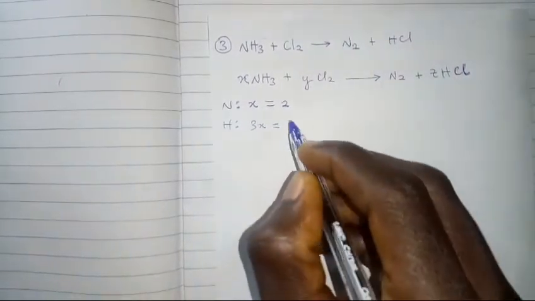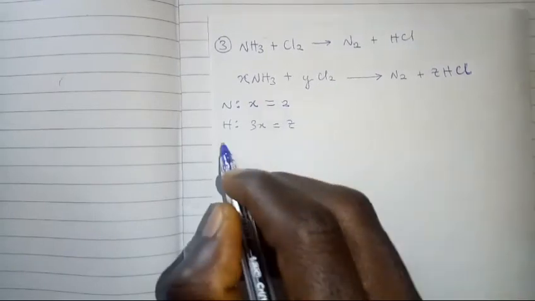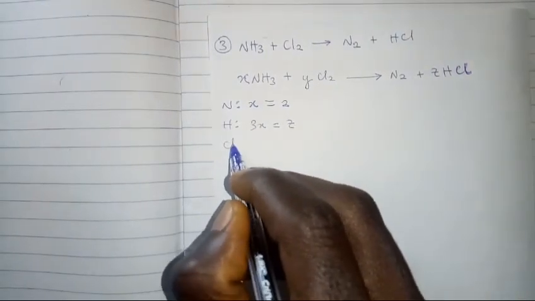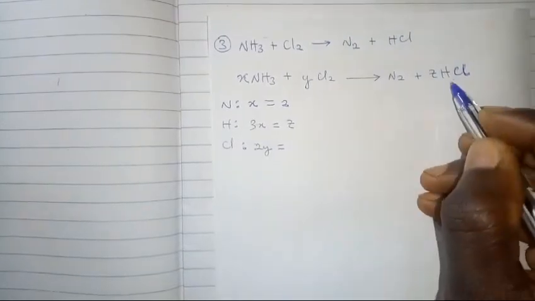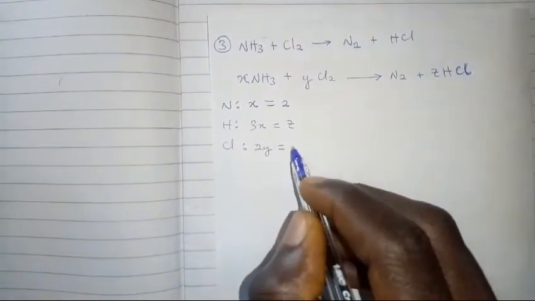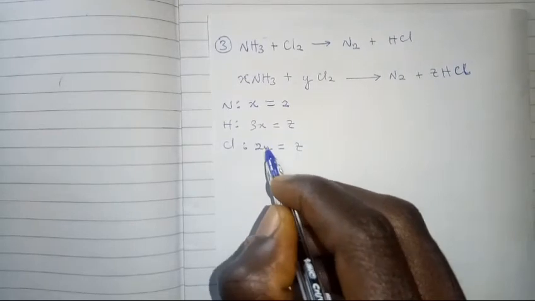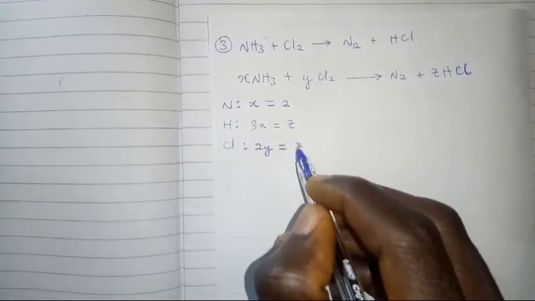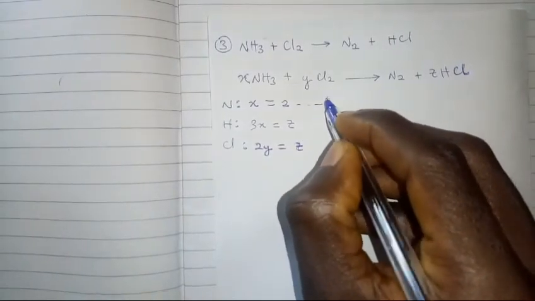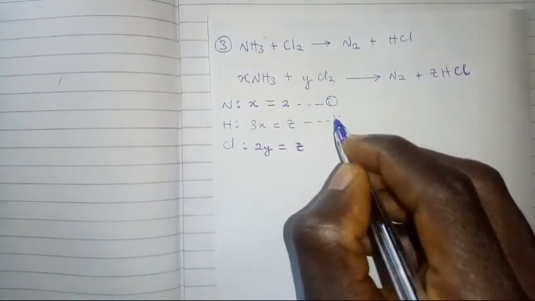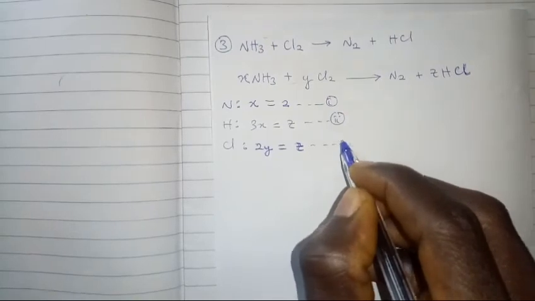Then on this side, we have Z. Then for chlorine, on this side we have 2Y, but on this side we have Z. So this is what we have. This is the first equation, this is the second, and this is the third.